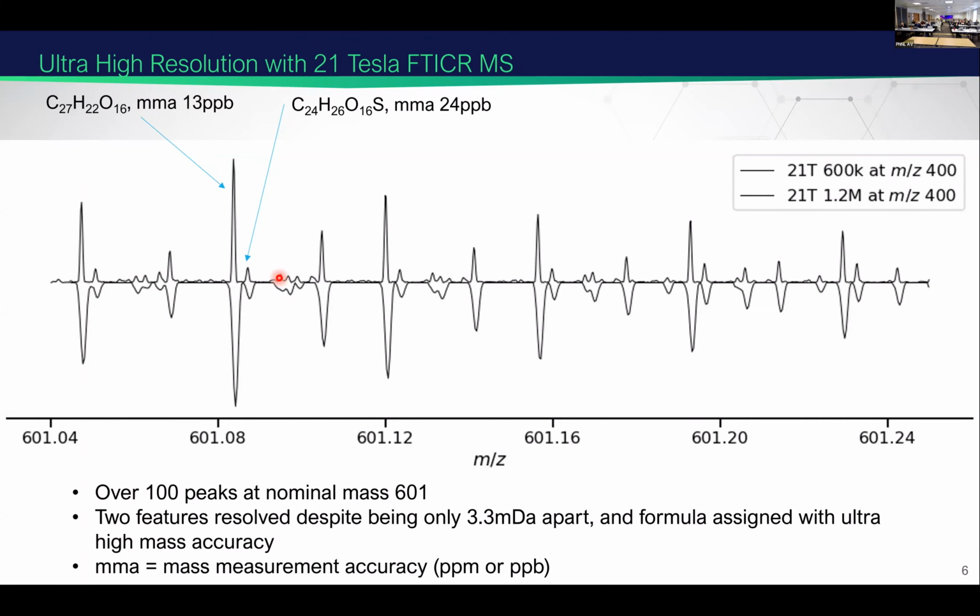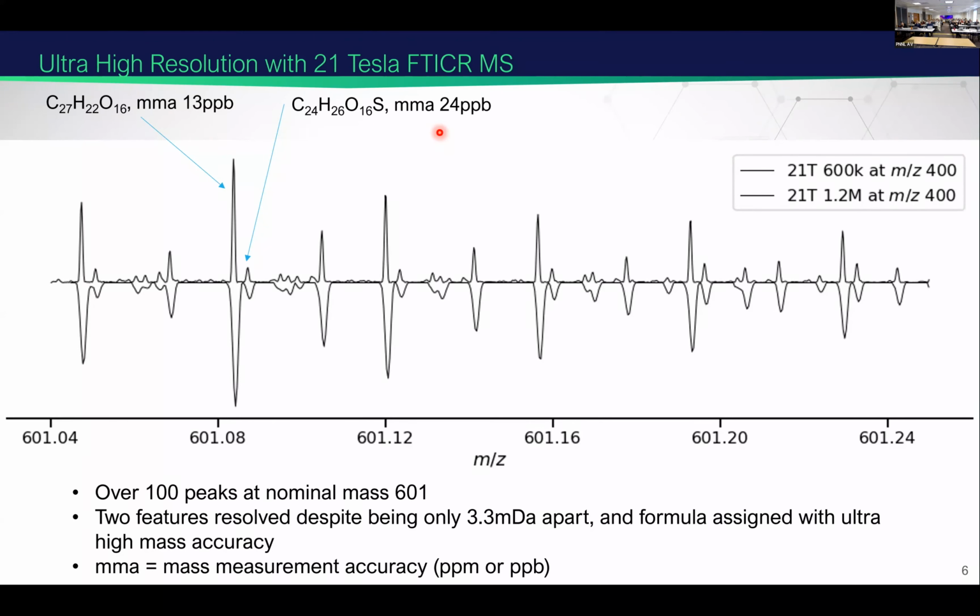So we're talking about really small differences in mass that we're able to resolve and assign different molecular formulas to. You notice that we've got this MMA, which is mass measurement accuracy. Normally, if you're used to mass spectrometry, you might think in parts per million, which is a relative error. Here, we're able to achieve parts per billion mass accuracy. So we're talking about really good confidence in the measurement of the masses that we're getting.